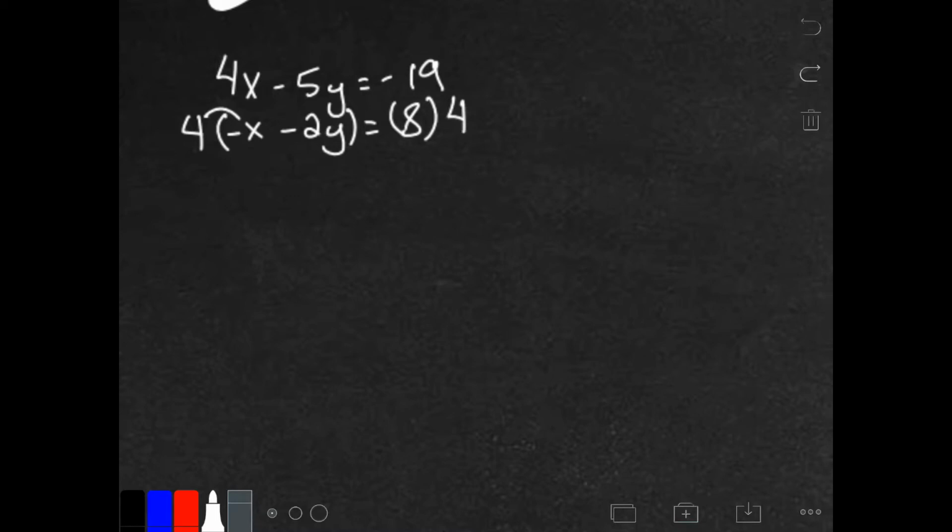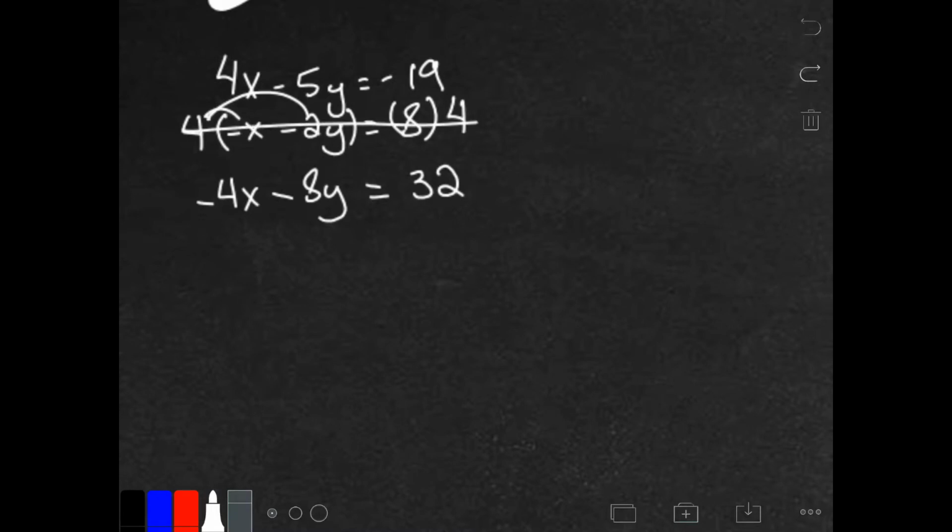Negative 4 times negative x is negative 4x. Negative 8y, and 32. I'm going to put a little strike through there. So I have 4x minus 5y equals negative 19. And I'm going to rewrite the first equation down below.